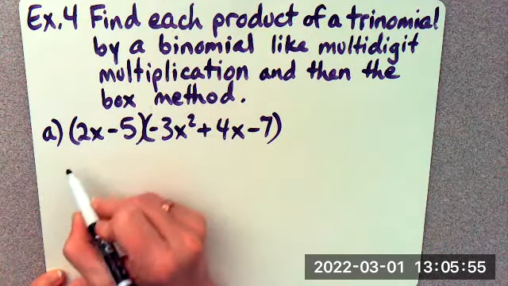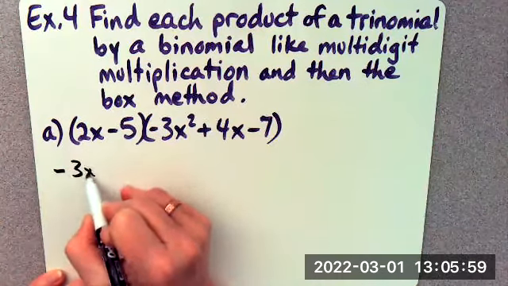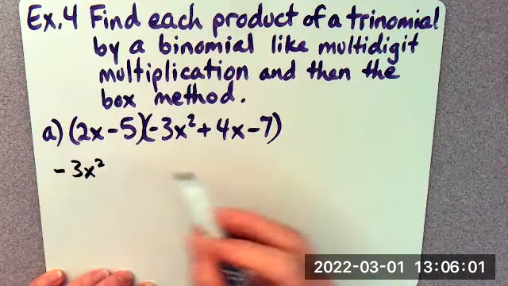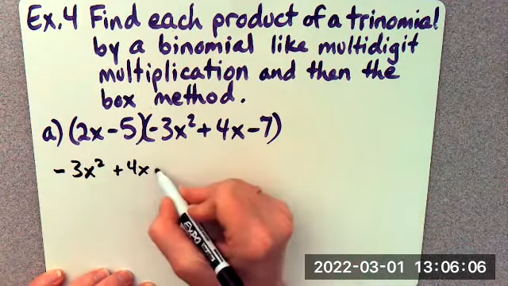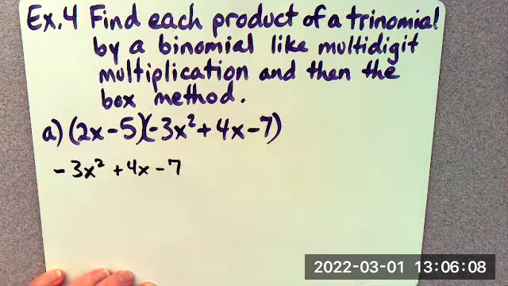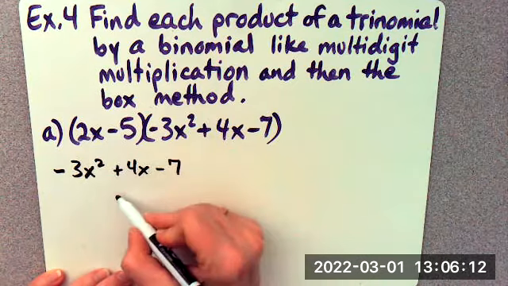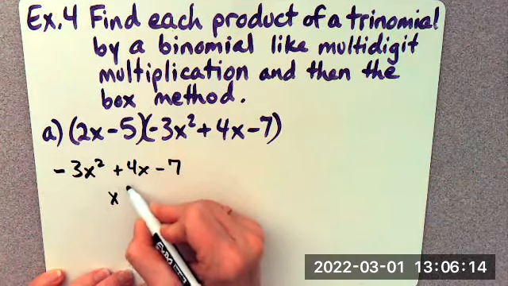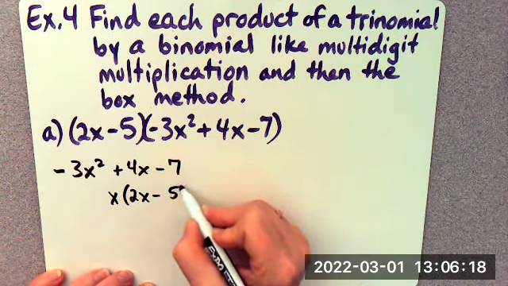So what I'm going to do is take negative 3x squared plus 4x and minus 7. And then I'm going to multiply this trinomial by this binomial. So I have multiplying by 2x minus 5.